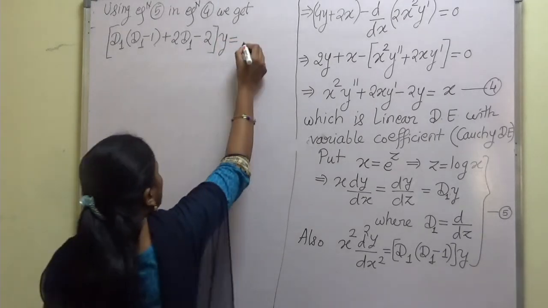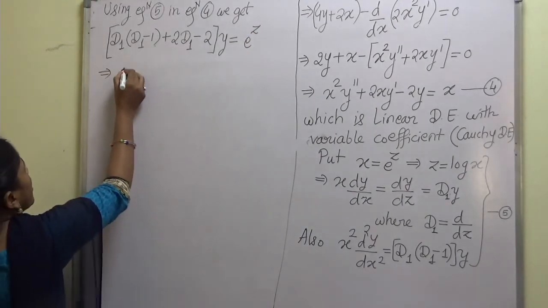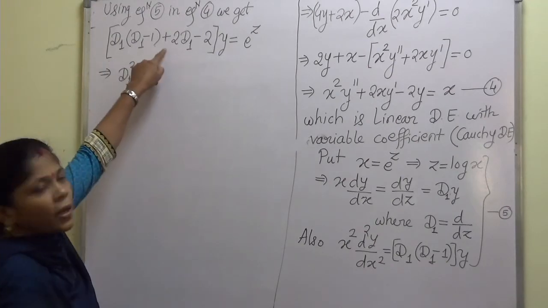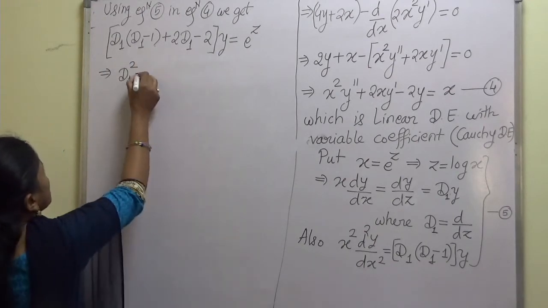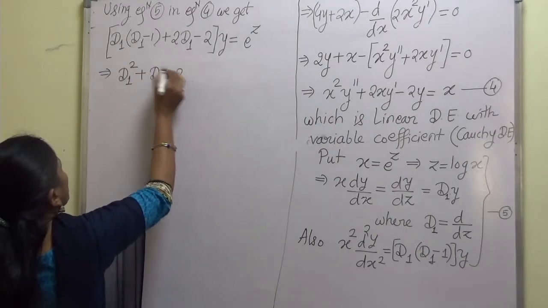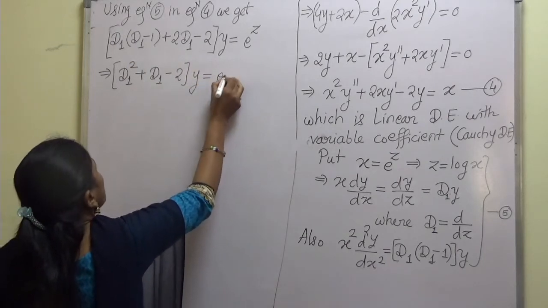What is x? x is e raised to z. So simplify, what we get? We get D1 square minus D1 plus 2D1 plus D1 minus 2 operating on y is equal to e raised to z.